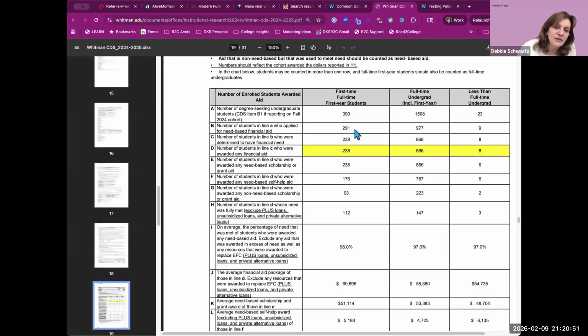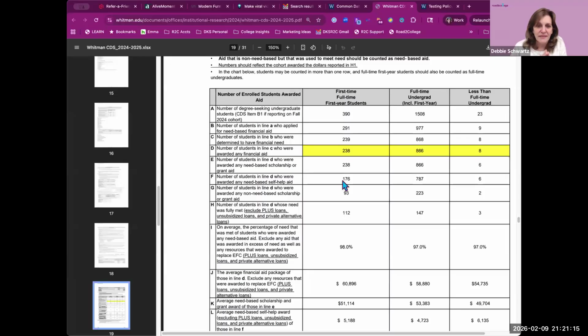You can see that 291 students applied, but the college decided that only 239 actually had a financial need. And of that 239, 238 were actually given financial aid. I don't know what happened to that one person, why they were determined to have need and didn't get it, but that's what they decided to do.